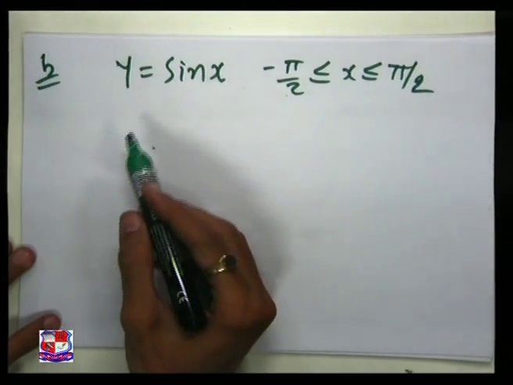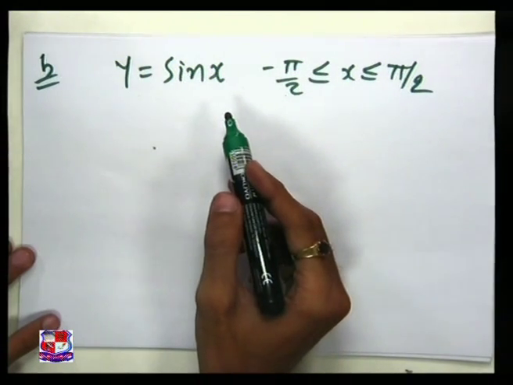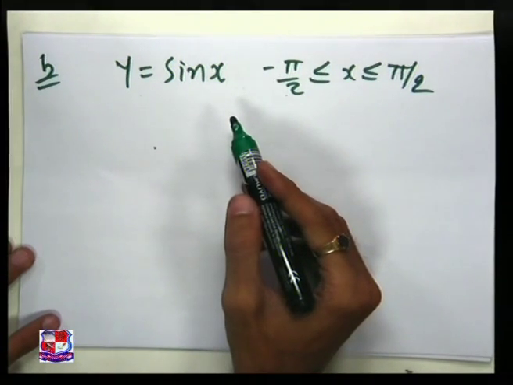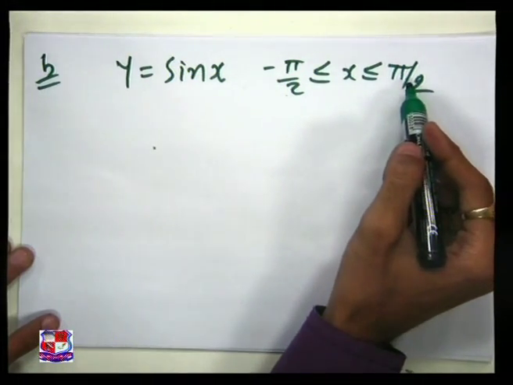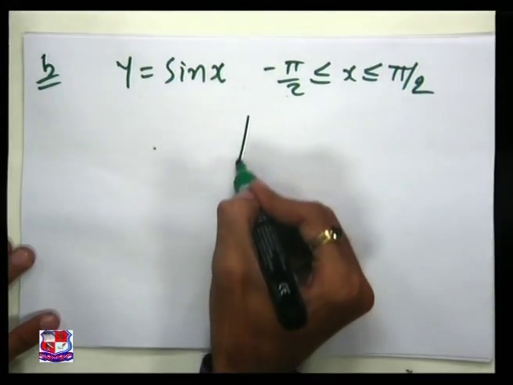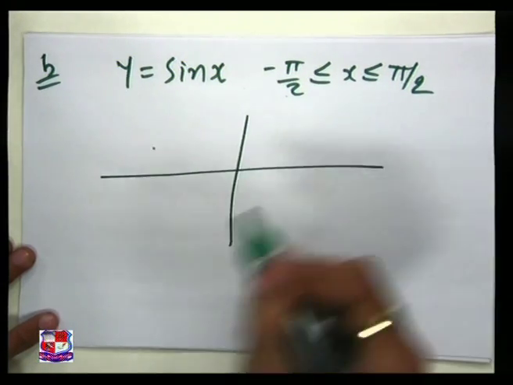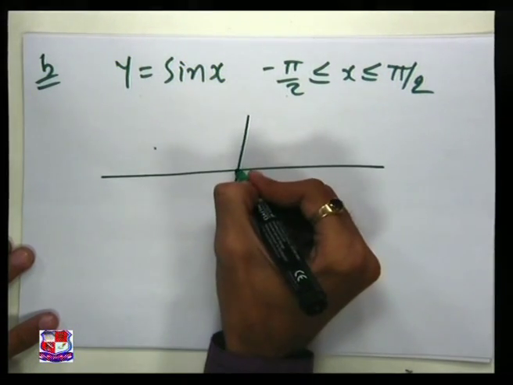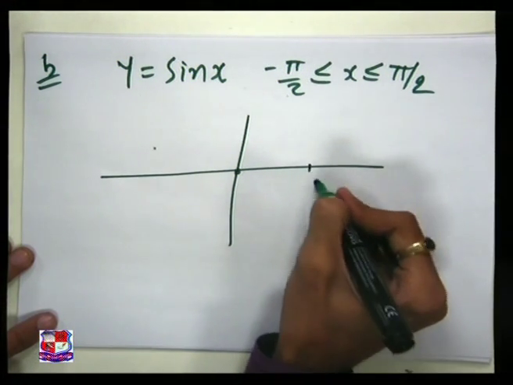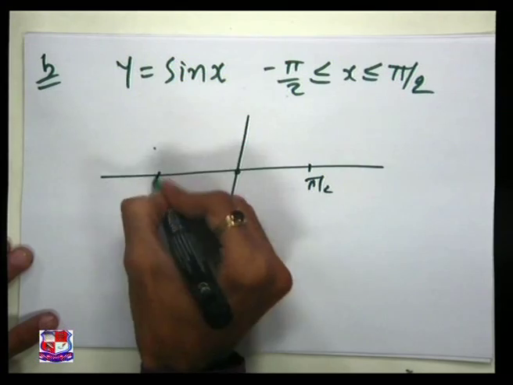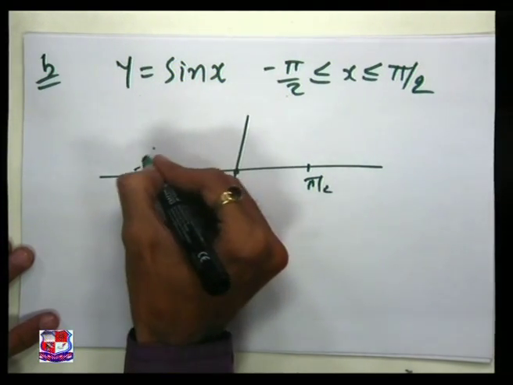We all know the value of sin minus theta is equal to minus sin theta. So for the values from minus pi by 2 to pi by 2, our graph will be in this manner. This one is for 0. Here, for example, this is pi by 2, and here that is minus pi by 2.